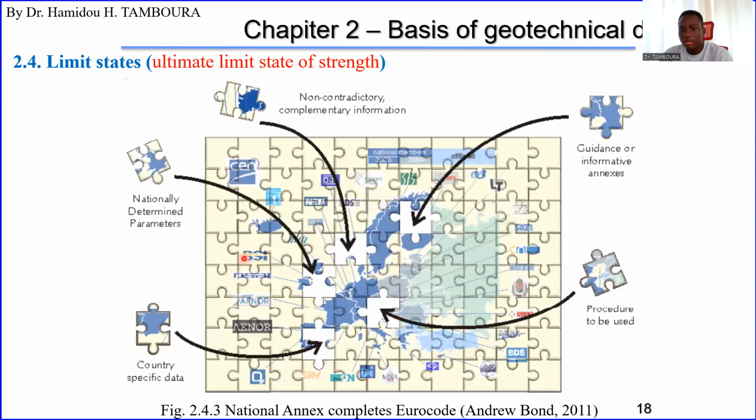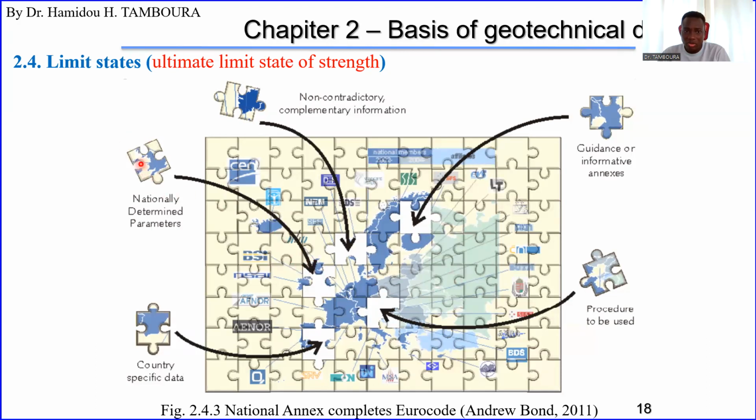You have the puzzle like this, and then each nation will come to complete this puzzle by its own chosen values, chosen data. Okay, we can have non-contradictory complementary information from the country, nationally determined parameters you add.